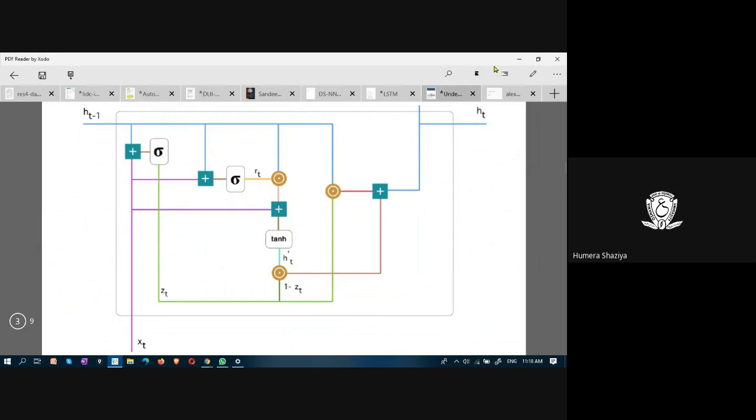Further, this summed output of input and previous unit's output is given to the sigmoid function. The sigmoid function gives the result. It is going only to one place. Here z sub t is traveling, and here it is coming to this point.